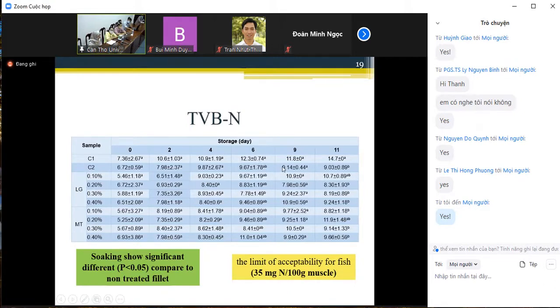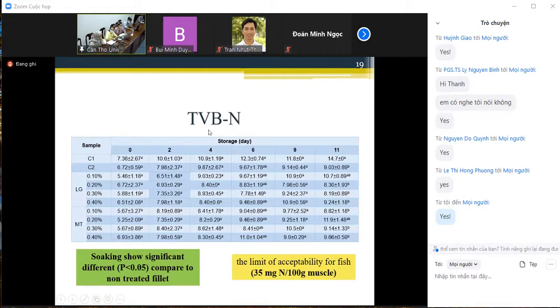During storage, all of the TVBN is under the limit of acceptability, which means that the pangasius fish, this species, doesn't really release nitrogen. TVBN usually measures TMA, DMA, and ammonia, but for pangasius or freshwater fish, usually it releases ammonia.